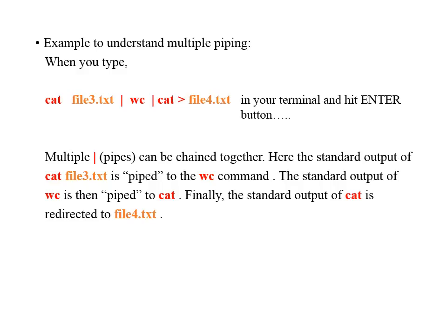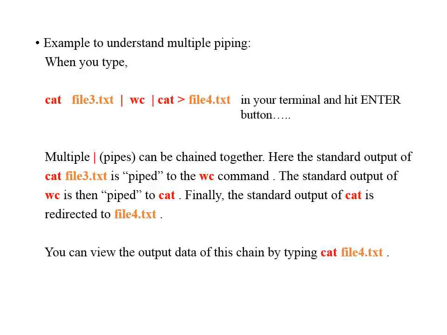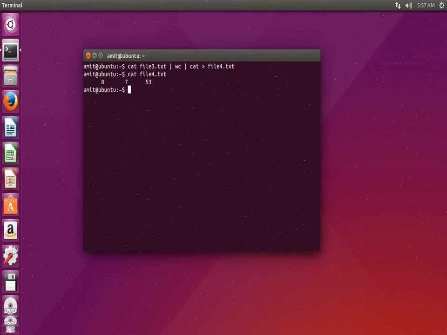The standard output of wc is then piped to cat. Finally, the standard output of cat is redirected to file4.txt. You can view the output data of this chain by typing cat file4.txt. As shown in the picture.